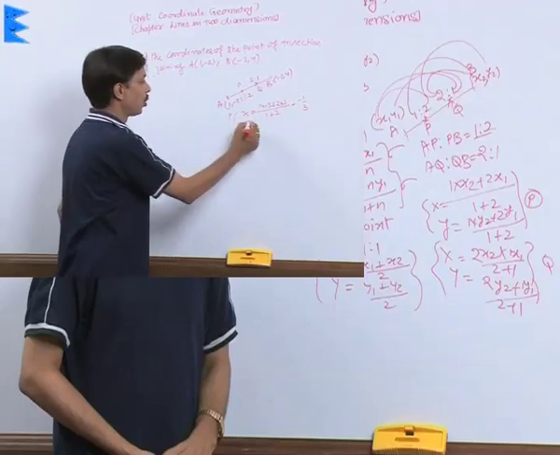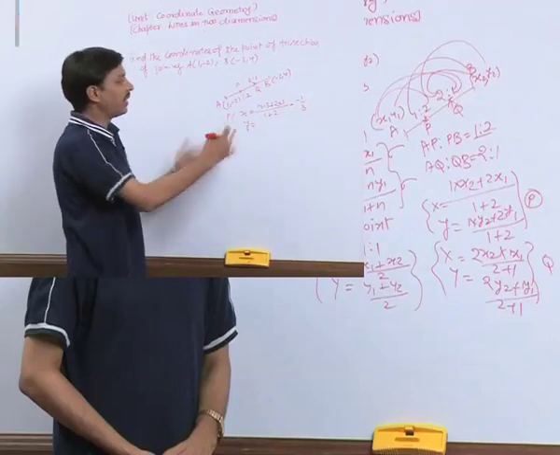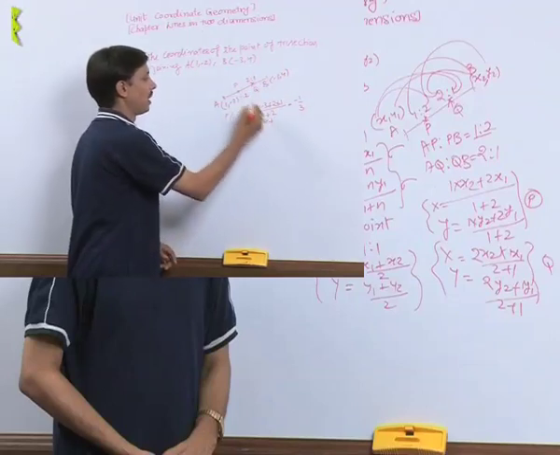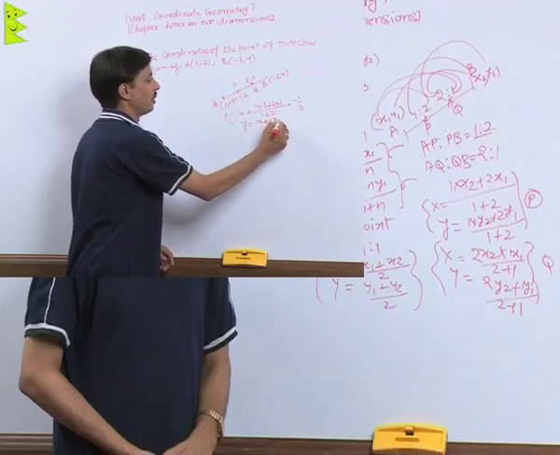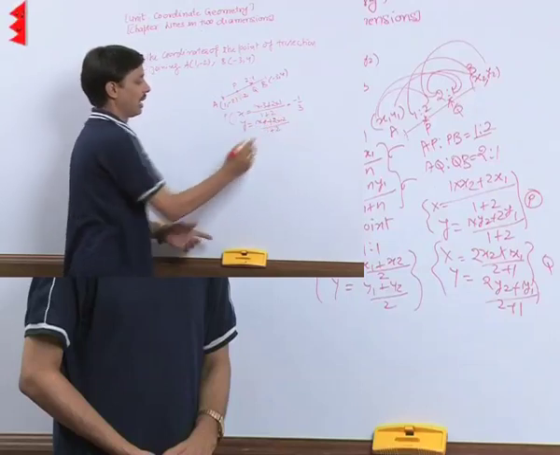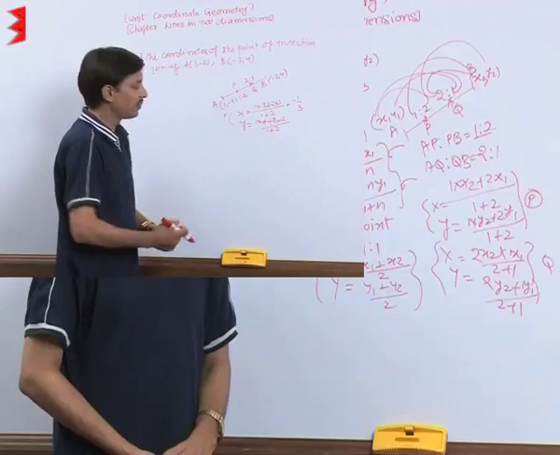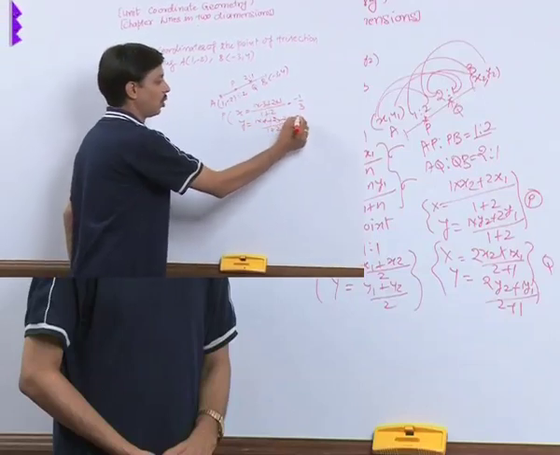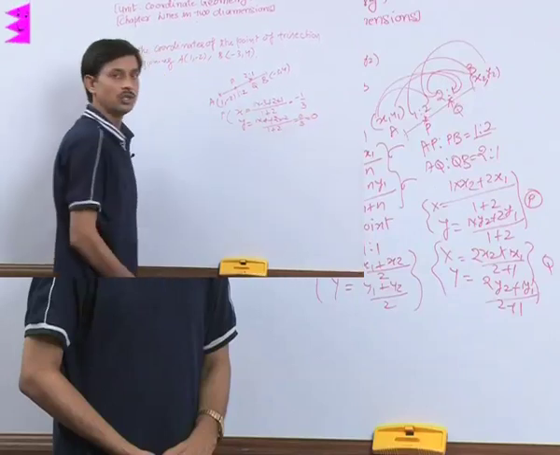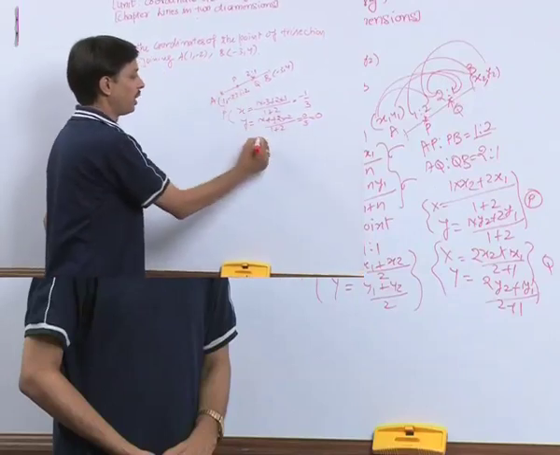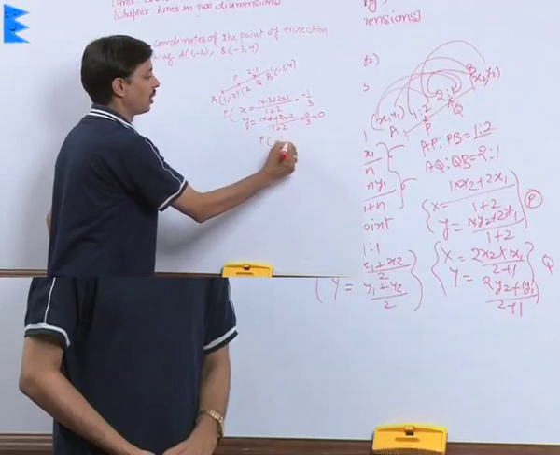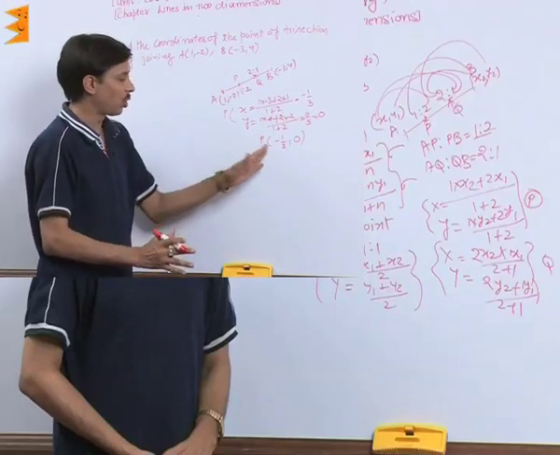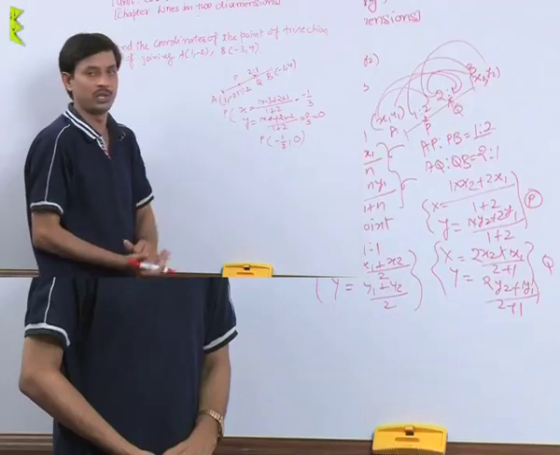To calculate y, m y2 means 1 into 4, plus 2 into minus 2, upon 1 plus 2, using m y2 plus n y1 upon m plus n. This is minus 4 plus 4, that is 0 upon 3, which equals 0. So the coordinates of the point P become (minus 1 upon 3, 0). These are the coordinates of the trisection point in the first situation.